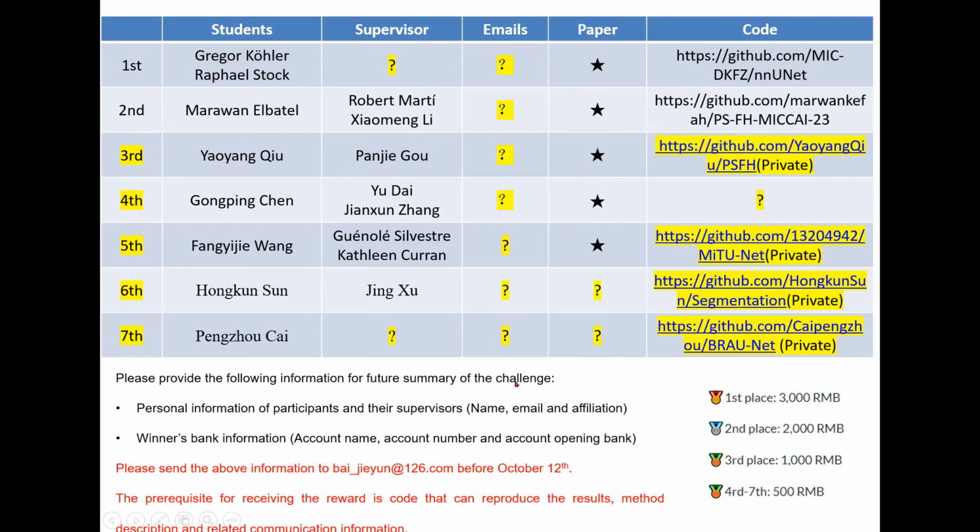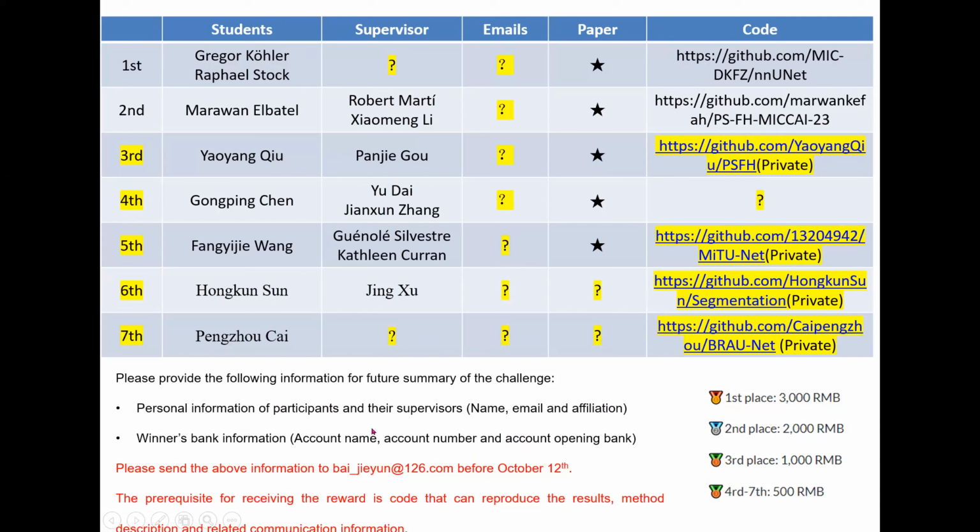So we hope all the people's next step is to provide their personal information about the participants and their supervisors, about the name, email, affiliations, and the winner's bank information about the account name, account number, and the account opening bank.